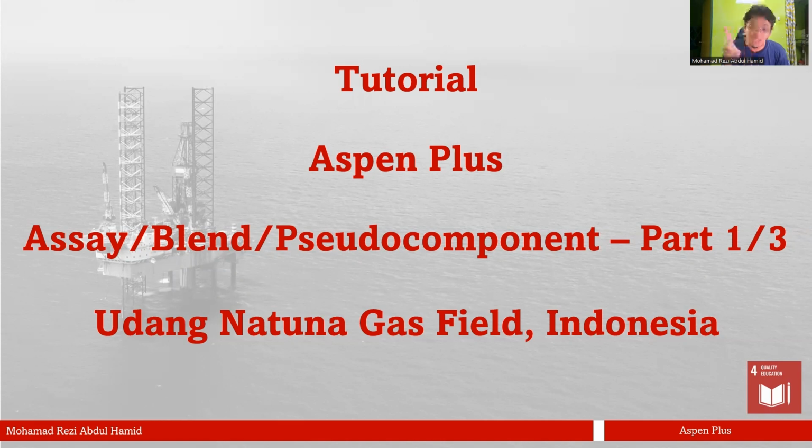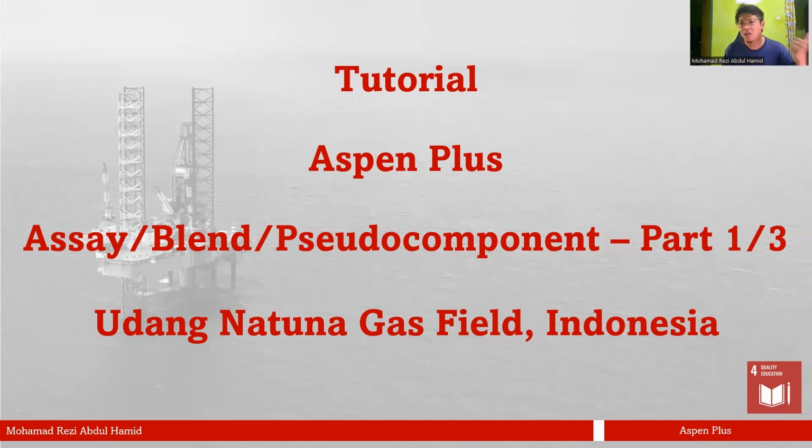So in today's video, I'm going to talk about pseudocomponent, blend, and assay. It is basically a different class of material that are available in Aspen Plus that you can use to represent a hydrocarbon mixture, a petroleum product, or maybe crude oil itself.